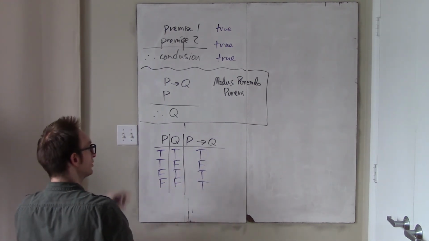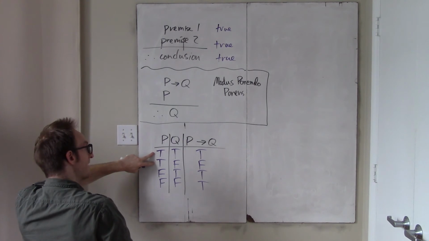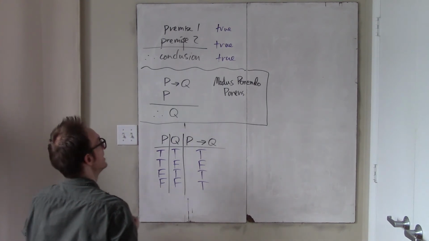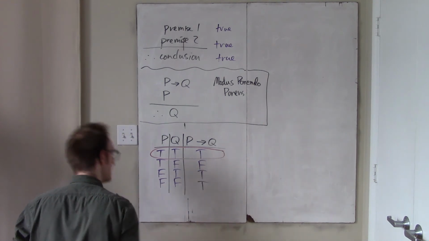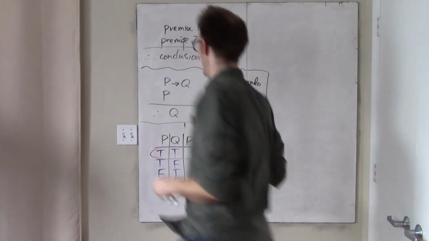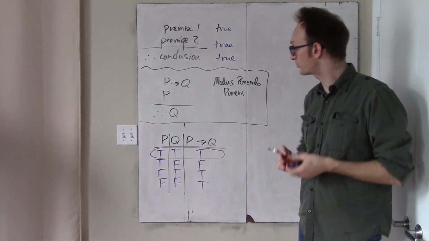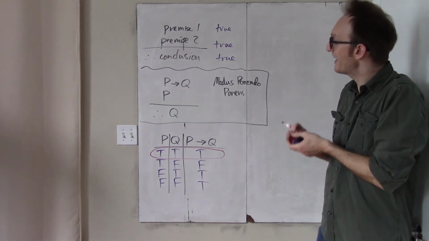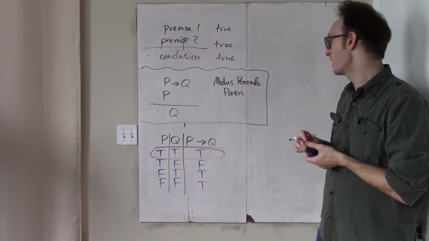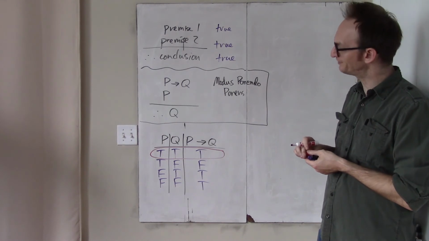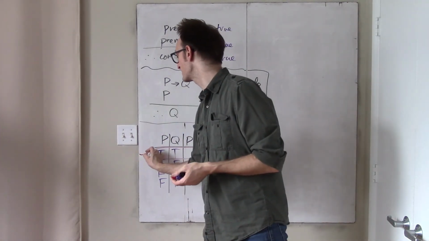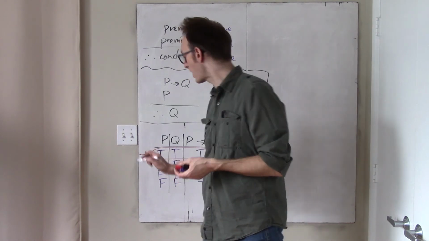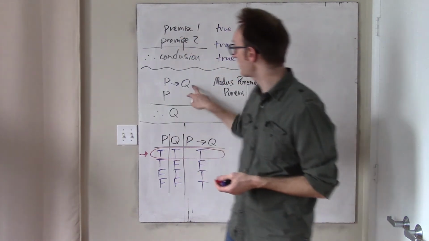When is P true? Here and here. Therefore, I claim there's only one row of this truth table in which these premises are both true. Only when P is true and Q is true, only in the truth assignment associated with row 1 of this truth table, are these premises both true.